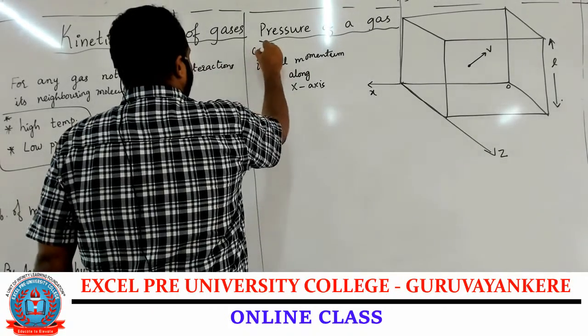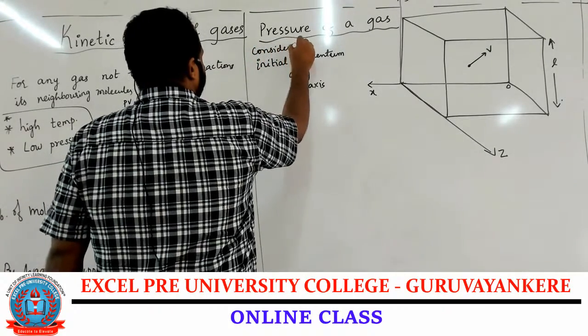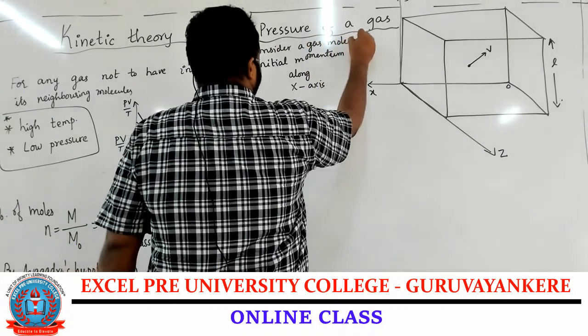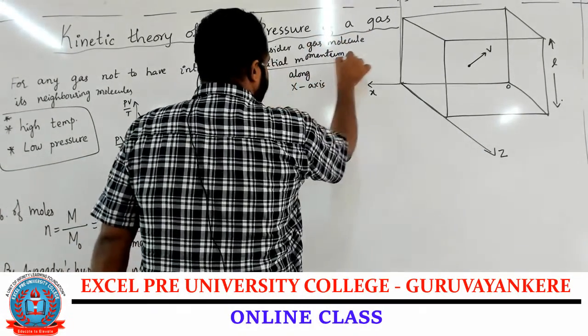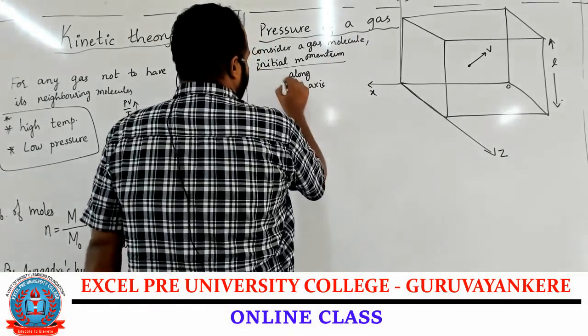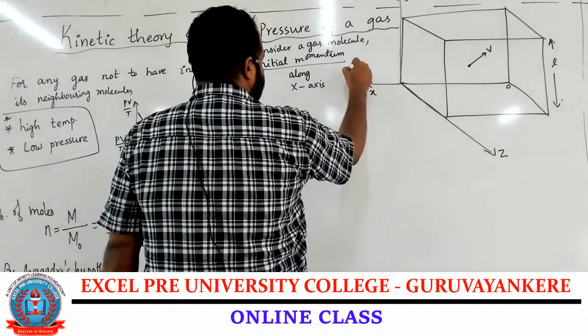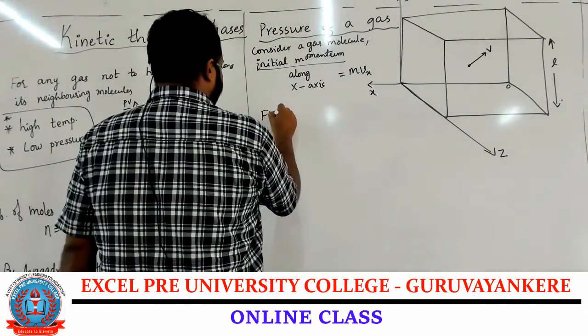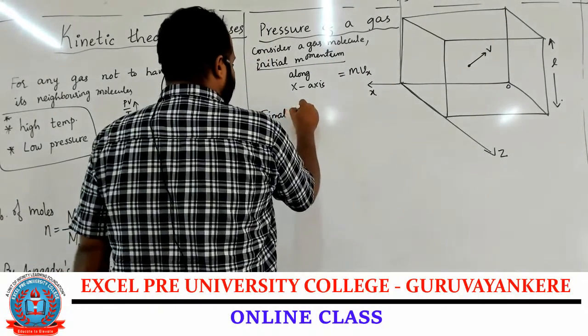Consider a gas molecule hitting the wall of the container. Its initial momentum along the x-axis is mvx, and the final momentum will be minus mvx because it reflects back.